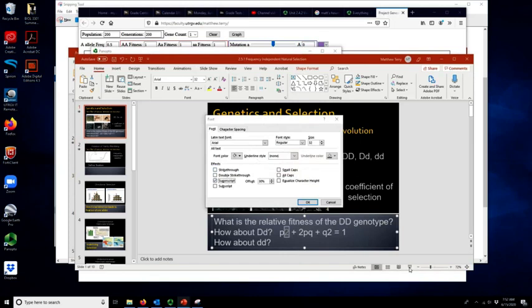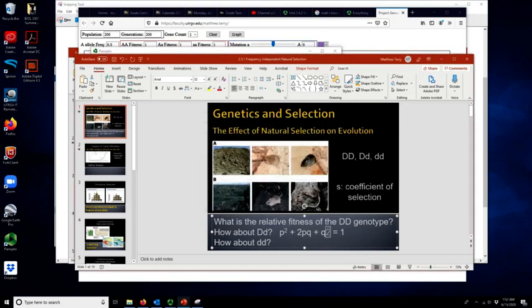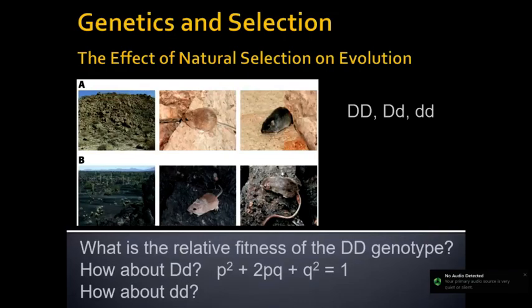Okay, so let's go back to this. All right, so here we are. p squared plus 2pq plus q squared. Now that's the regular one. And if we came up with an imbalance, then we would maybe need to add something to this equation to balance it back out.